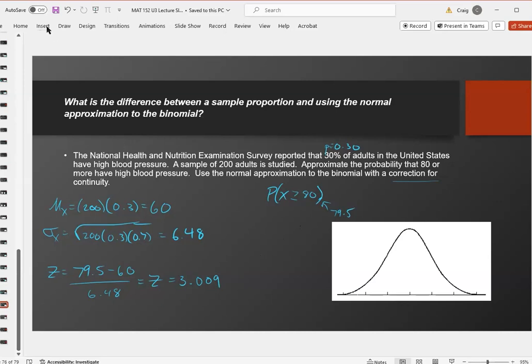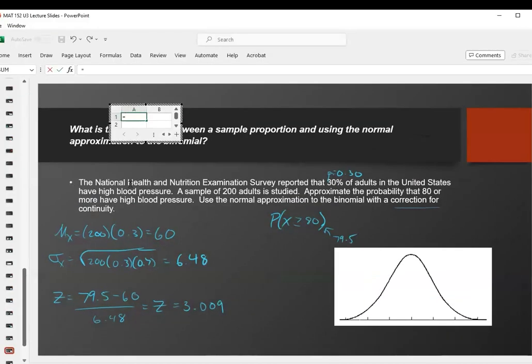We then want to plug this in. This is going to be a really small probability. It doesn't even fit on the graph, you guys. We want the probability that it is greater than, so we want 1 minus norm.dist of 3.01, which is going to be a very small probability, 0.0013.